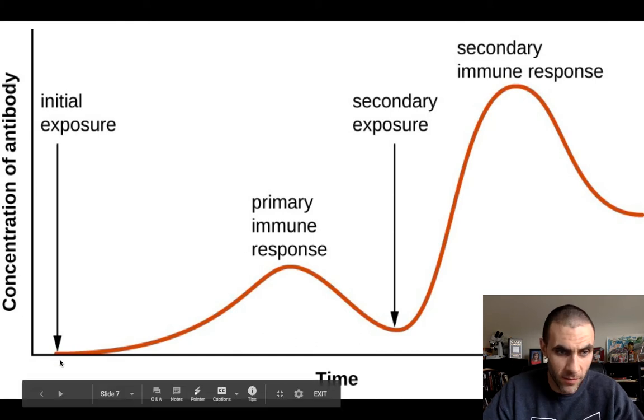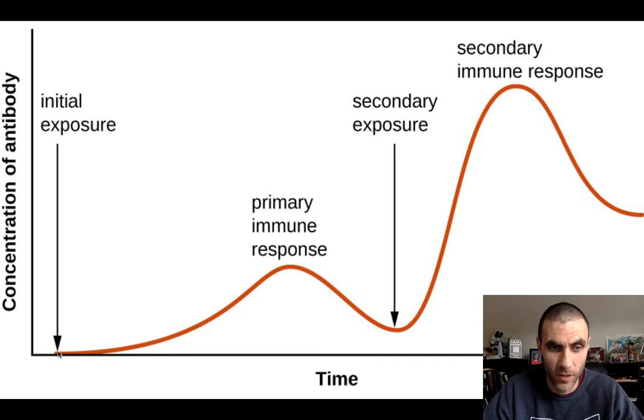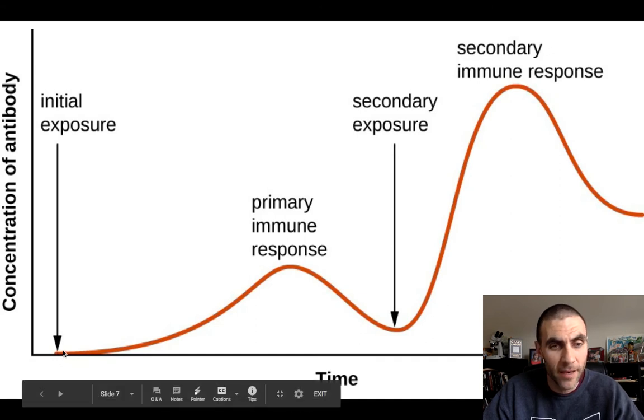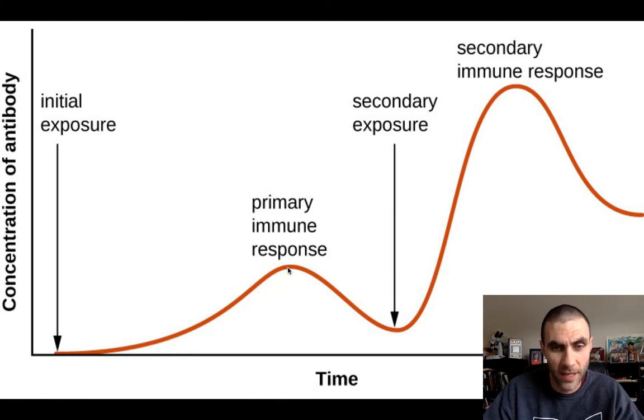So if we follow this, the concentration for B cells, naive B cells are at some super low level if it's never met its pathogen before. But once you get sick and that B cell's undergone clonal expansion, it's going to ramp up antibody production. Once you defeat that bacteria or virus or pathogen, we're going to get rid of most of those B cells. We don't need them, and it's a waste of energy.